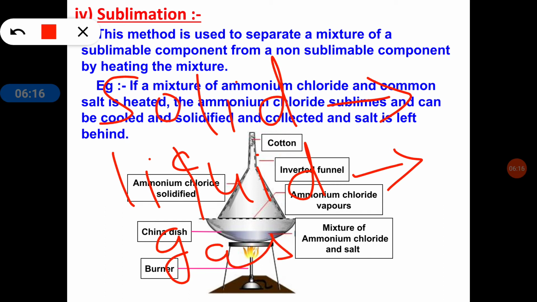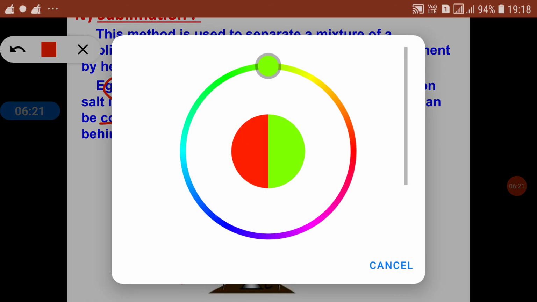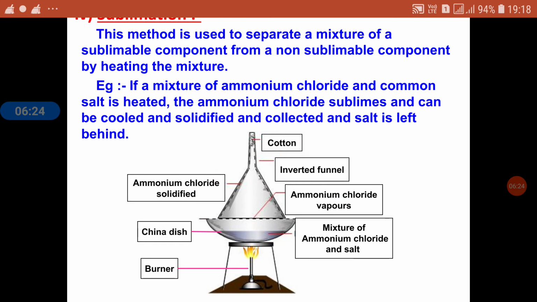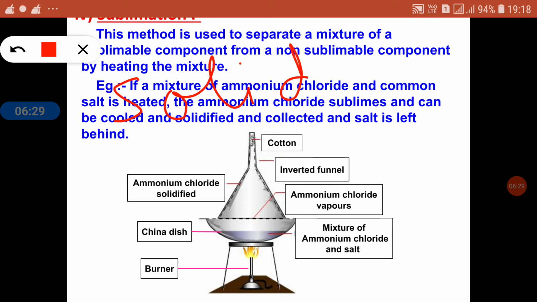But in sublimation, what happens? When a solid directly goes to the gaseous state, that method is called sublimation. Examples are camphor, naphthalene balls, ammonium chloride, anthracene. These are the substances which directly go to the gaseous state without going to the liquid state.